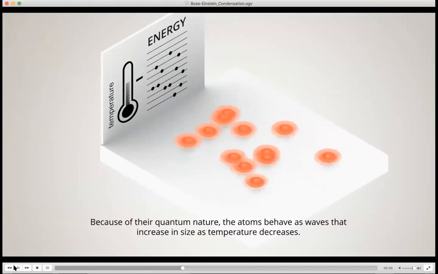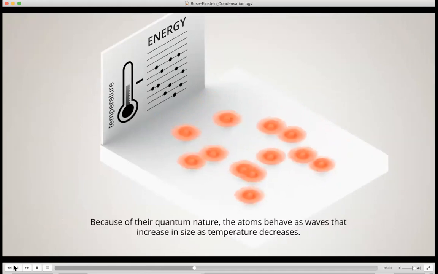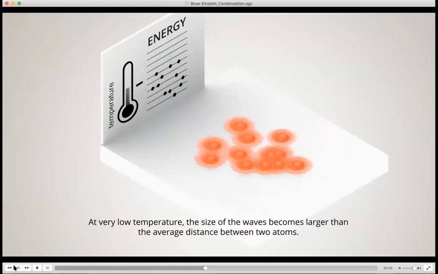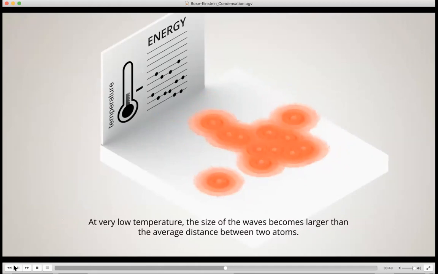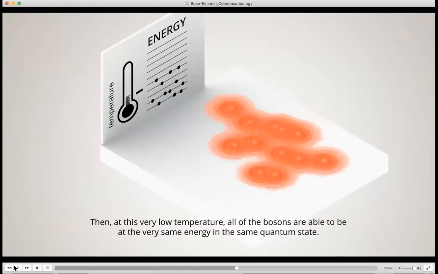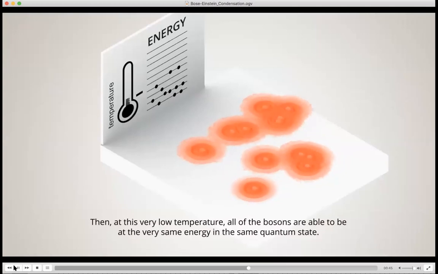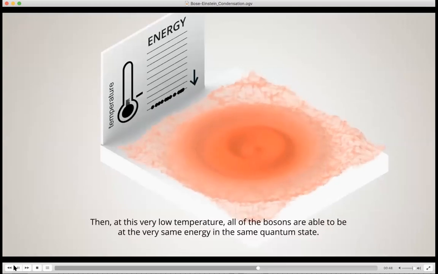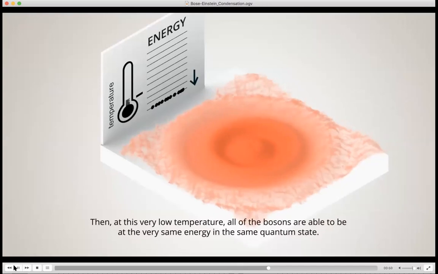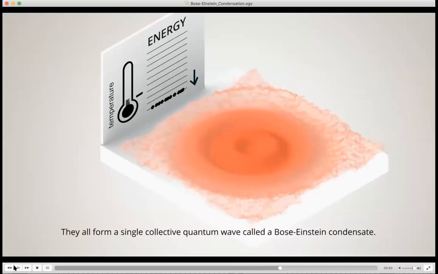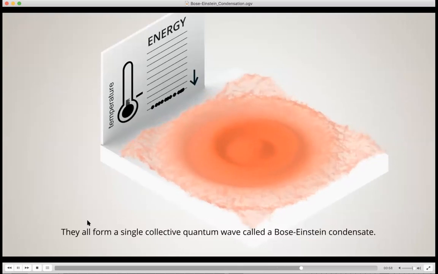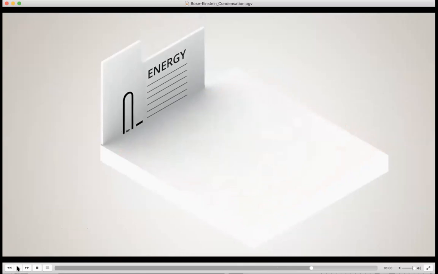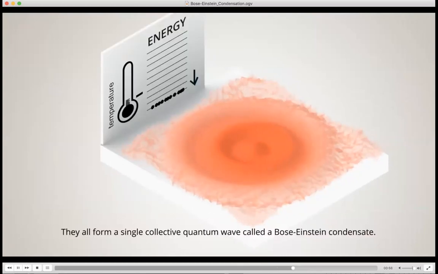So the increase in size is an increase in the de Broglie wavelength. When they all drop into the ground state, the point here is that they're all described by a single wave function.